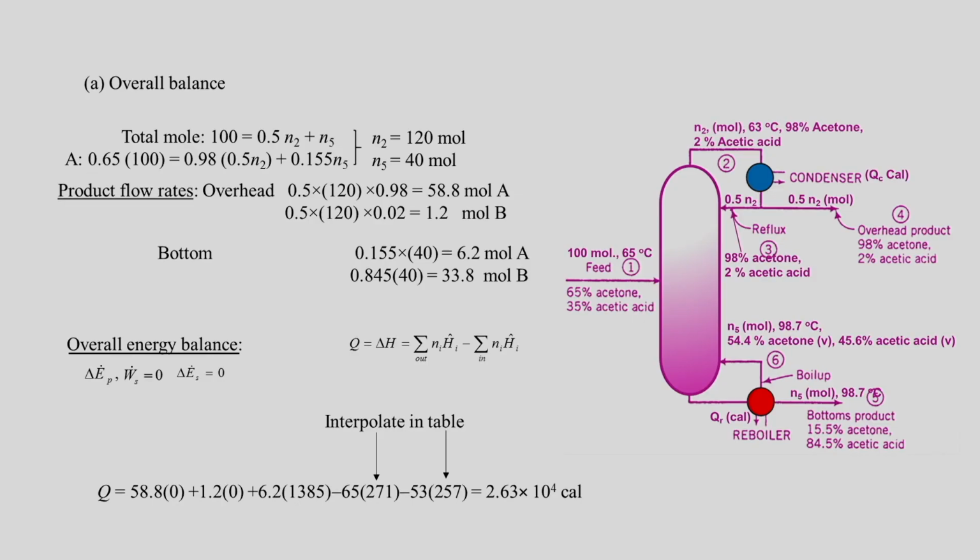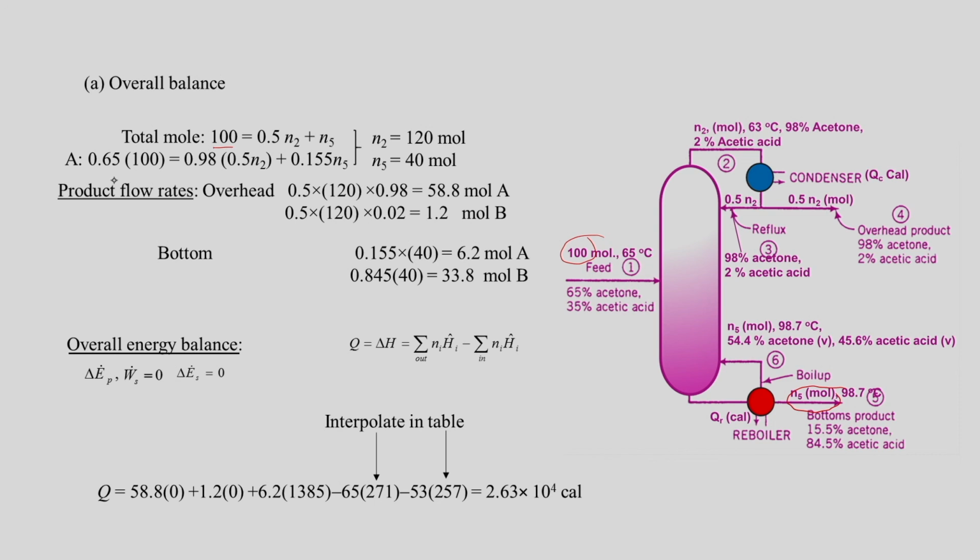Now, if we do the overall balance in total moles, the inlet is 100, and the outlet is as per this diagram: 0.5 into N2 as mentioned in the diagram, plus N5, which is the bottom product.